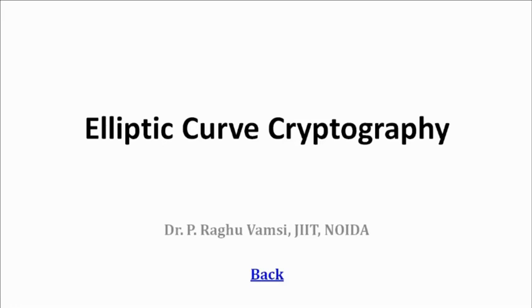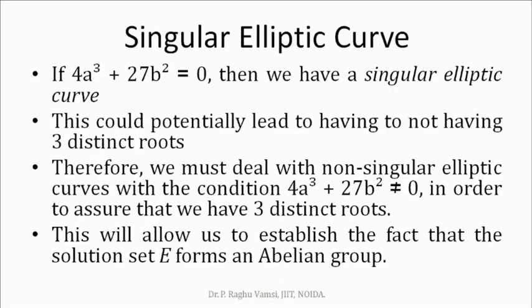This ECC is a public key cryptography in which we generate the public keys, and also we can use the private key whatever we want. That we'll discuss now. So this elliptic curve cryptography is based upon the algebraic equation called elliptic curve, which is a non-singular elliptic curve. So it is just a recap of the previous lecture.